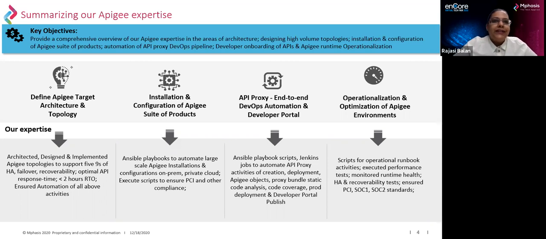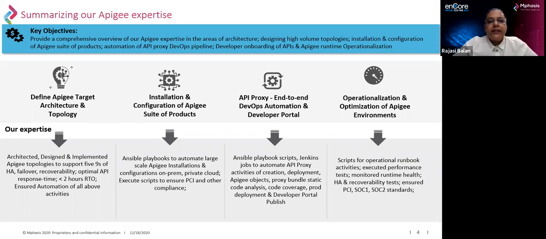We define the target topology based on whether there is an on-premise installation or a cloud-hosted solution that we want to adopt. These topologies address the needs for integrations and underlying services, and the kind of architecture there, also taking into consideration all the RTOs and HA failover requirements.